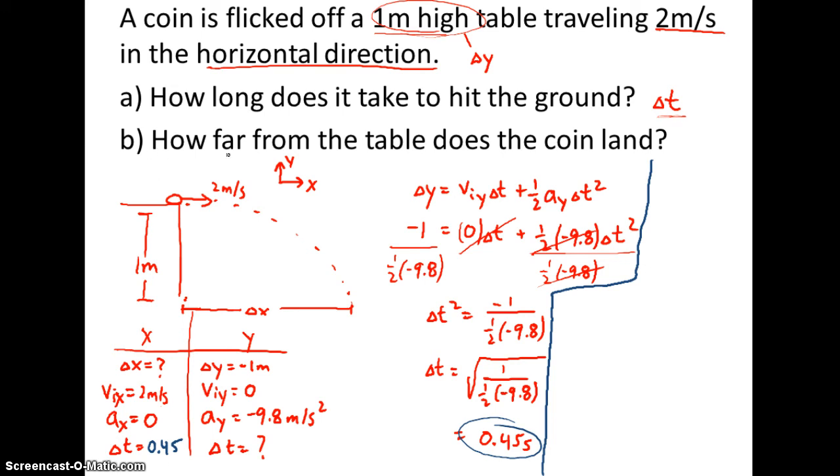And our second part is how far from the table does the coin land? It should say how far from the base of the table. So this distance from here to there. Now, once we have 3 quantities, we can always find a fourth. So you can use the exact same equation as we had before.